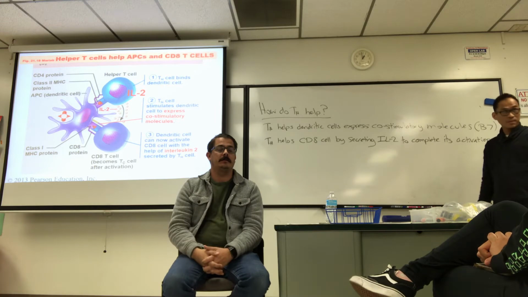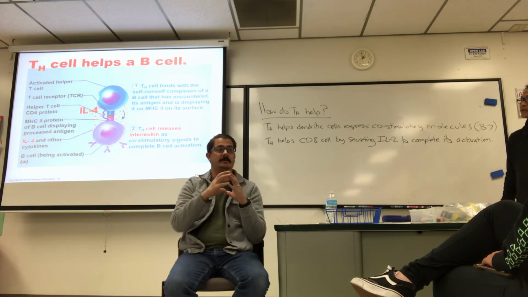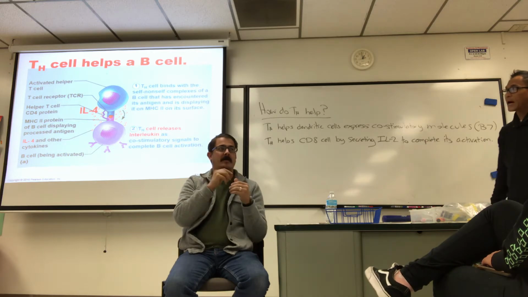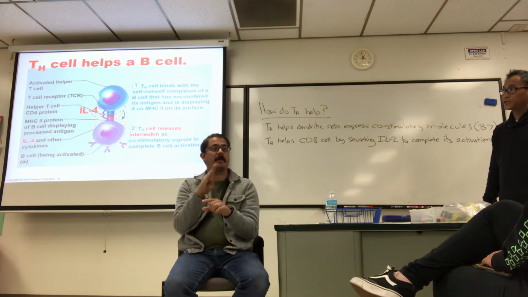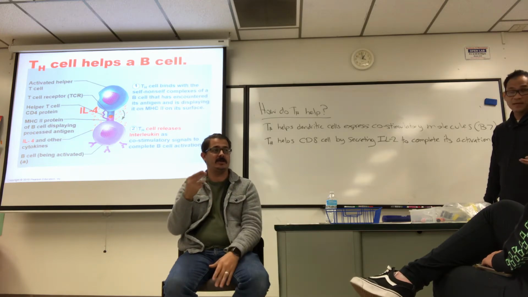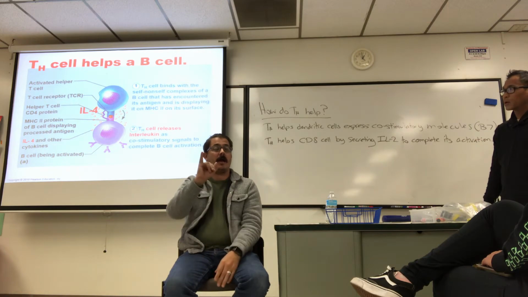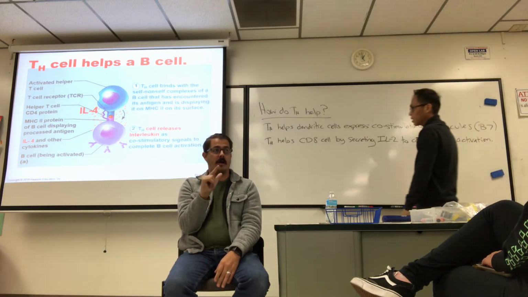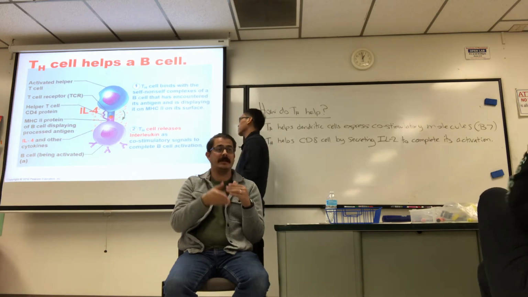It also helps the B cells. Here we see a helper T cell. It's binding the complex of the B cell that's displaying the MHC2, right? We said it could do that. It has the APC function. And IL-4 from the T helper cell completes the B cell activation.